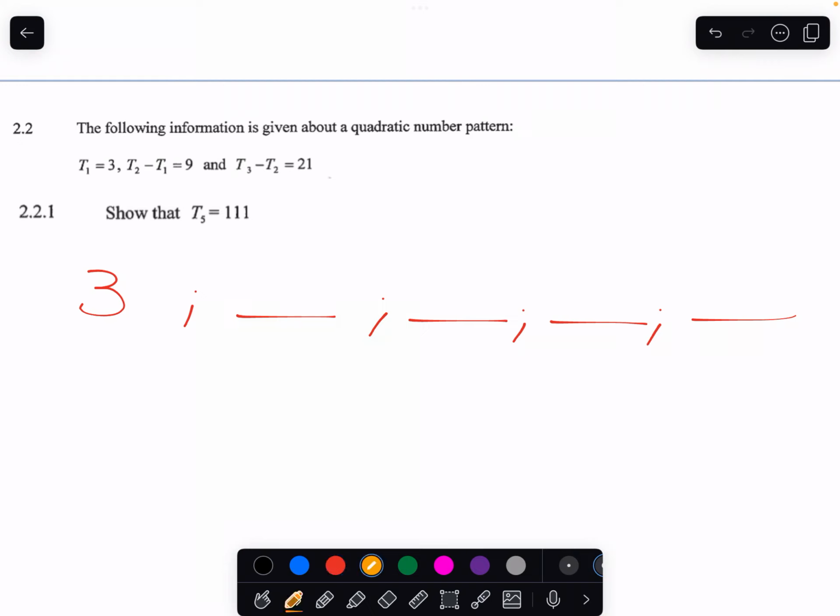So to go from T1 to T2, we are adding 9. So T2 is in fact 12. And the difference between T3 and T2 is 21. So to go from T2 to T3, we are adding 21. And so 12 plus 21 is 33.